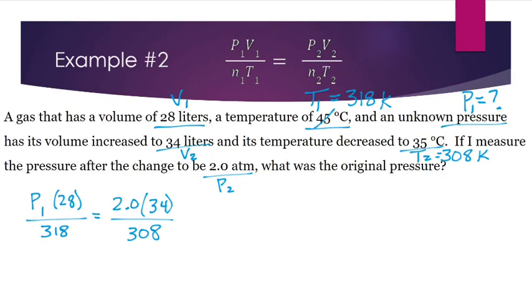So, time to cross multiply and divide. So we're going to multiply all together this P1 times 28 times 308, and then do the same thing with 318 times 2 times our 34.